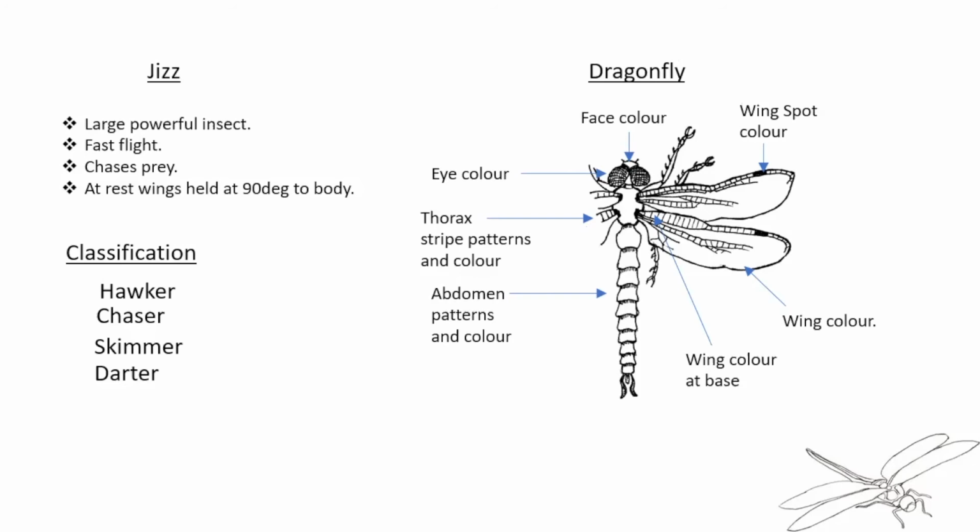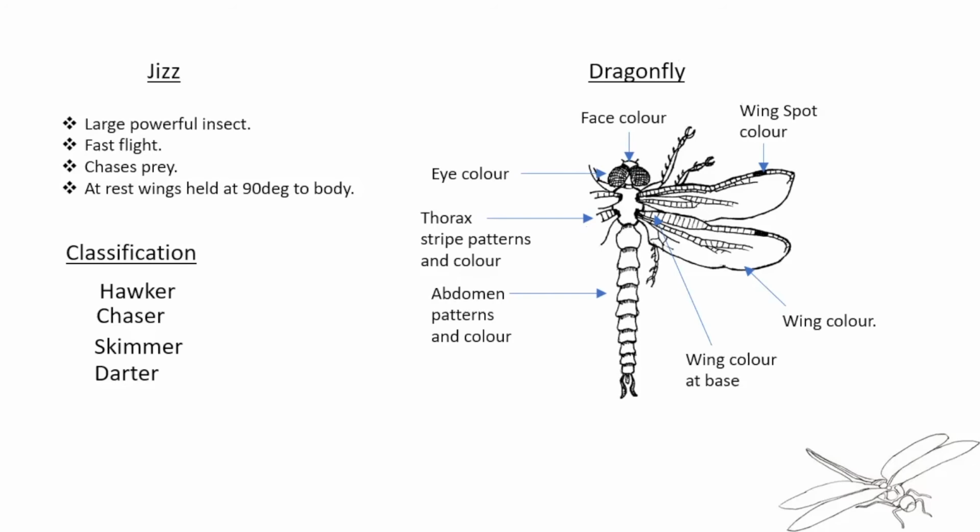So again, we go into the dragonfly section of the book. We know it's a dragonfly. Its eyes are touching. It's big, powerful. So we go into the dragonfly side. Was it cruising around? It was. Well, we stick with the hawkers and what are called mosaics, which are the big ones. They're the ones that aren't identified in your book as chasers, skimmers, or darters.